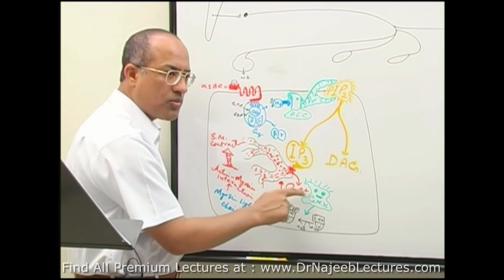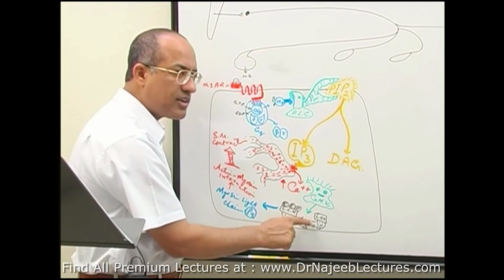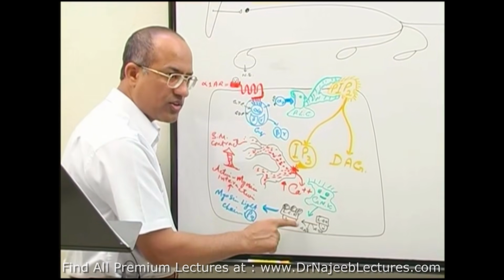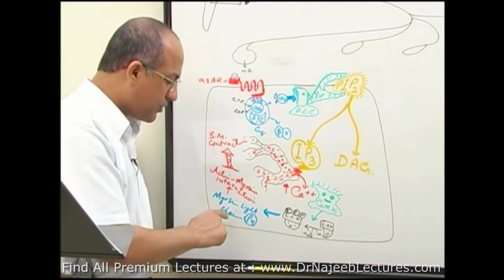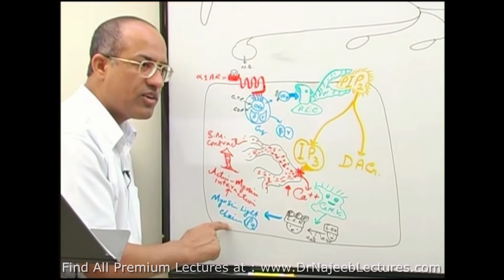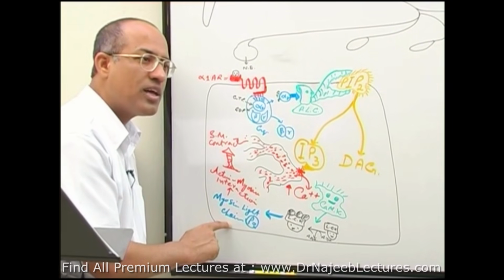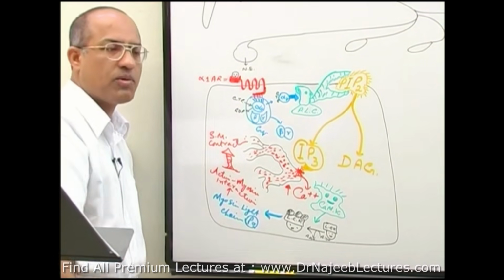Calcium will bind with calmodulin and calcium-calmodulin kinases will be activated, which will phosphorylate target protein. In smooth muscle, the target protein is light chain kinases. When light chain kinases become phosphorylated, they phosphorylate myosin light chains. When myosin light chains are phosphorylated, now they are very happily interacting with actin. So actin-myosin interaction starts and smooth muscle will contract.